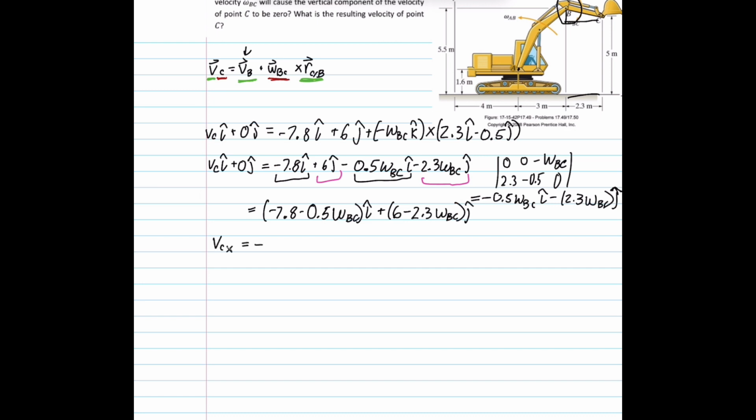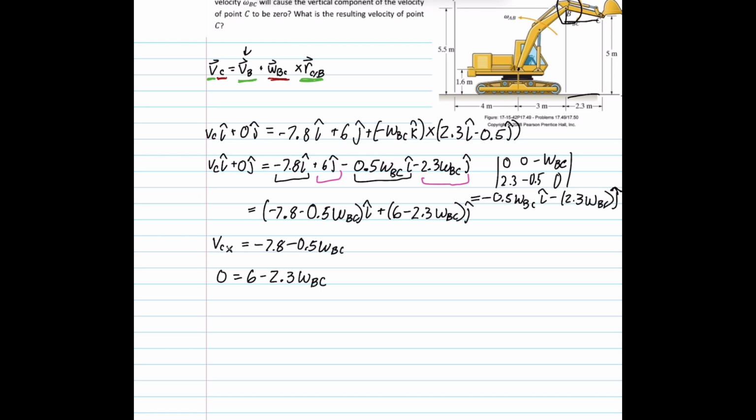So right here, we're writing out the i hat component of the velocity of point C, and then setting it equal to the i hat components on the right, and then doing the same with the j hat components.